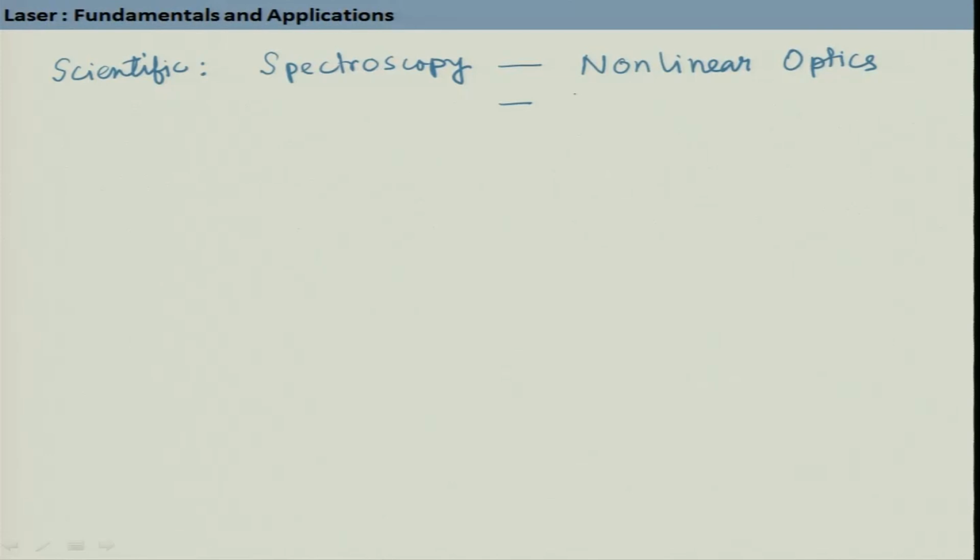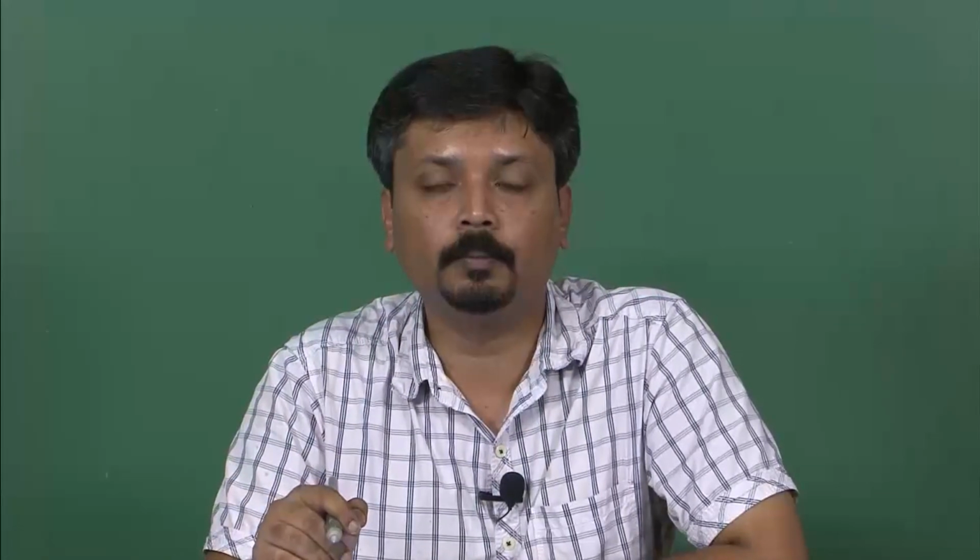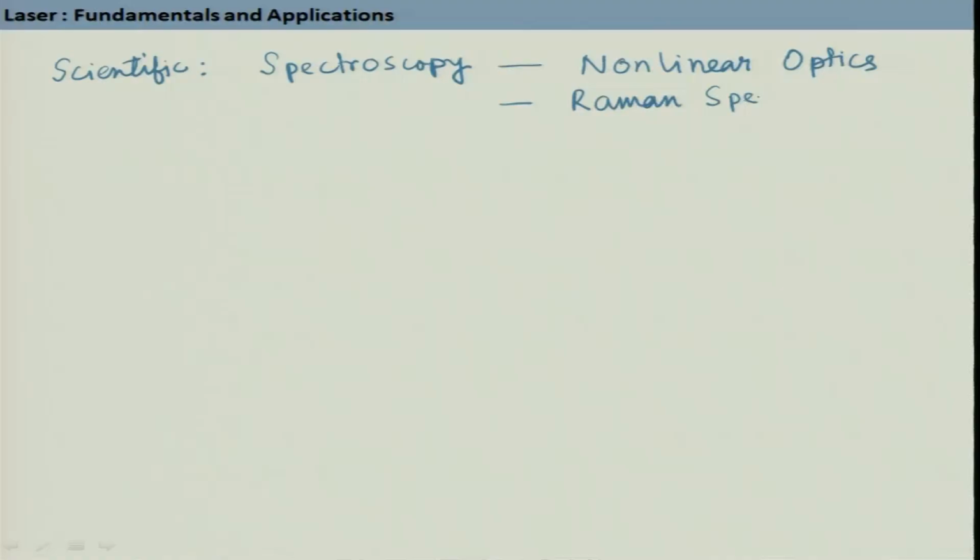And we have Raman spectroscopy. We know the Raman process is a very weak interaction of light with matter, and you need a really high intensity light source to obtain Raman spectra. So laser has made Raman spectroscopy really easy in that sense, because it can provide really high intensity of light.